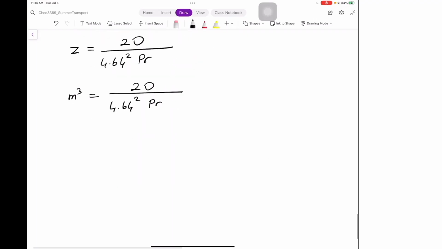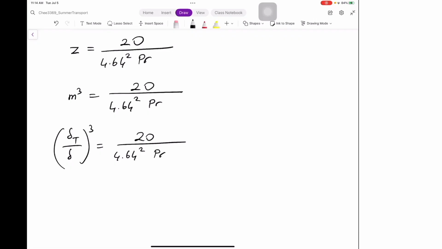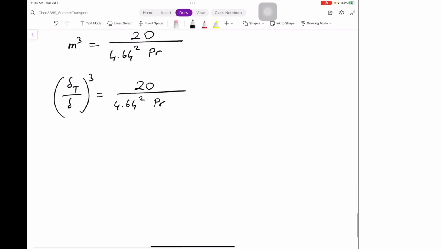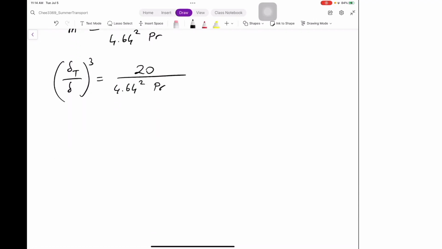and the m was nothing but the delta T over delta, came out to be this, right? And now we can have an idea about the Nusselt number, finding a relation between delta T and delta. The Nusselt number x is equal to, as you know, h times x over kf.